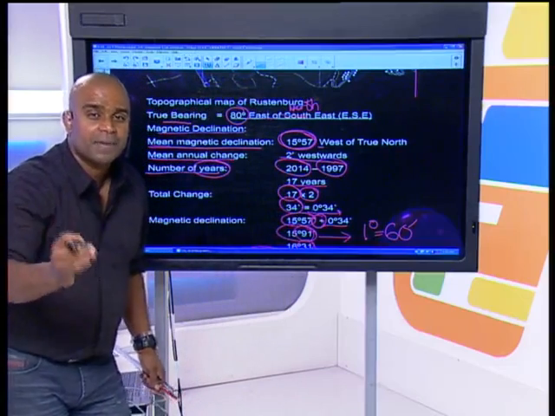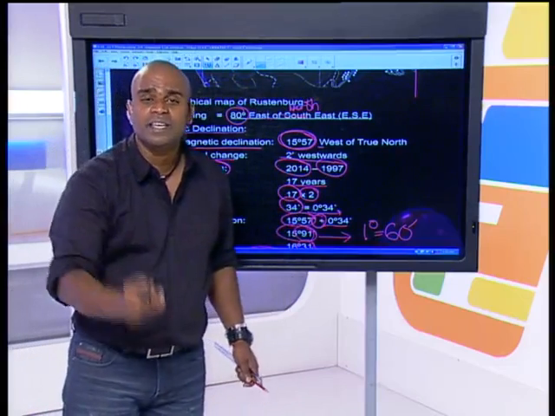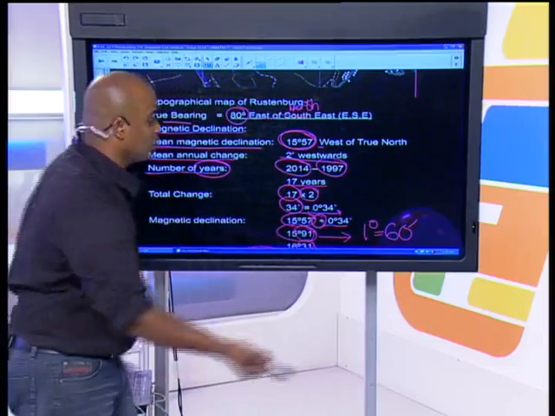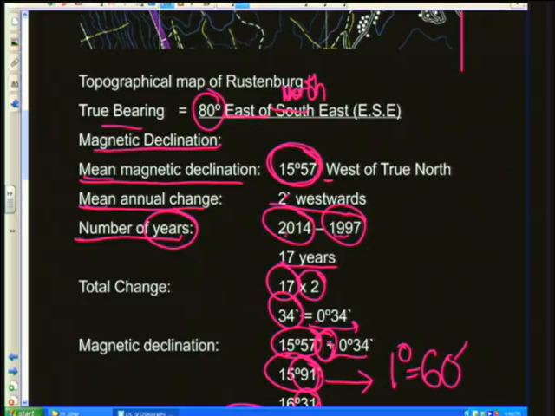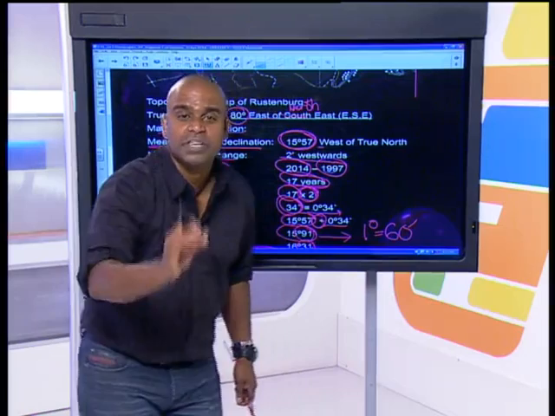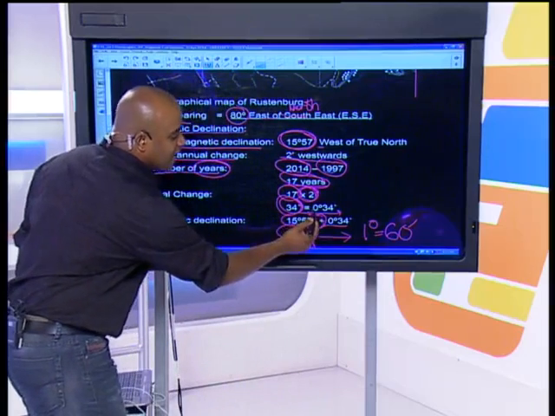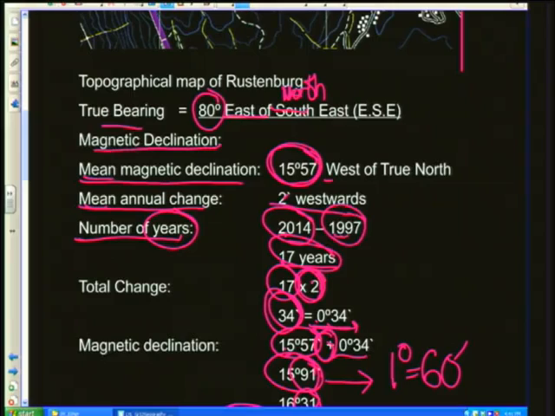The year on the map is the year indicated immediately after the west of true north, which in this case is 2014, subtract 1997, which is 17 years. 17 times 2, we've received the 2 from the mean annual change, which is 34. And that answer, 34, is 34 minutes. We convert that to degrees and minutes, and therefore we write it as 0 degrees and 34 minutes.